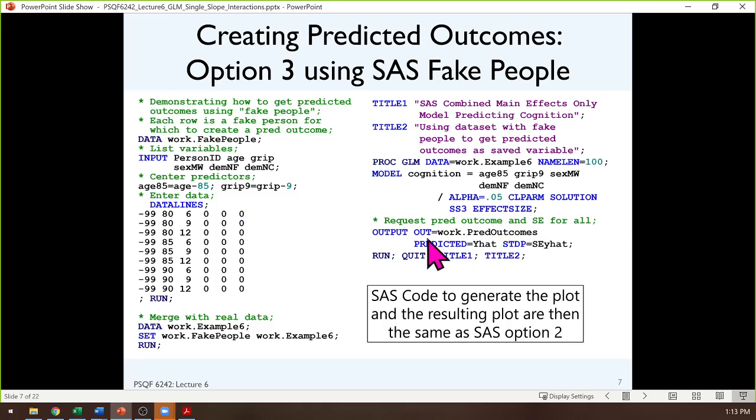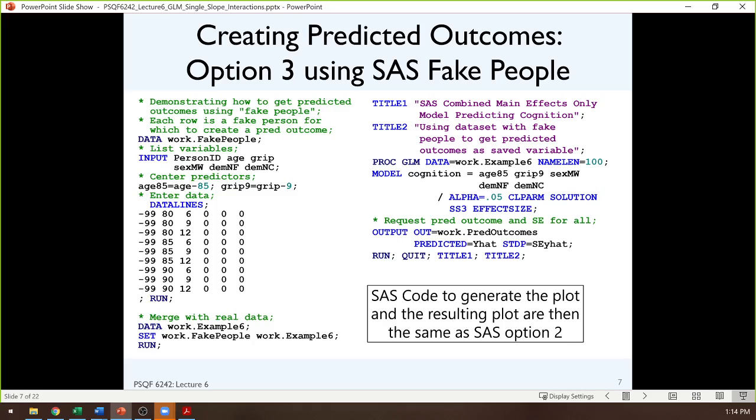But this line right here, output out, predicted equals y hat, and the standard error of the y hat, is going to create a new data set in the work library called pred outcomes, and it's going to have a column that I've named y hat and another column that is the standard error. That's going to give me the predicted outcome for not only my fake people, but for every other case in my data set.